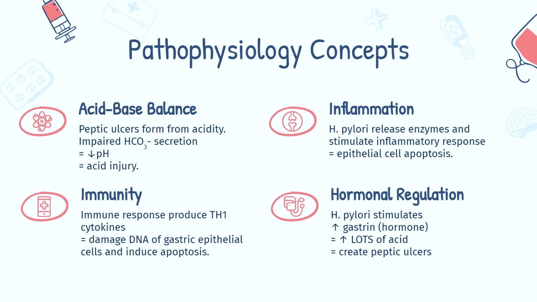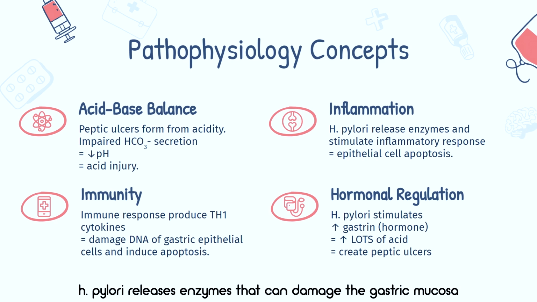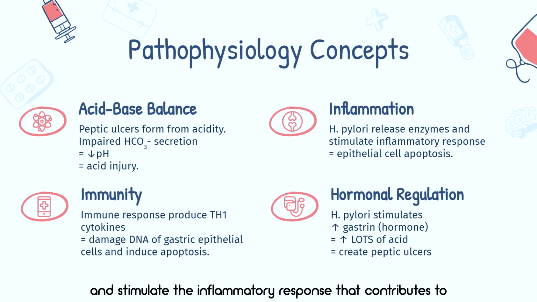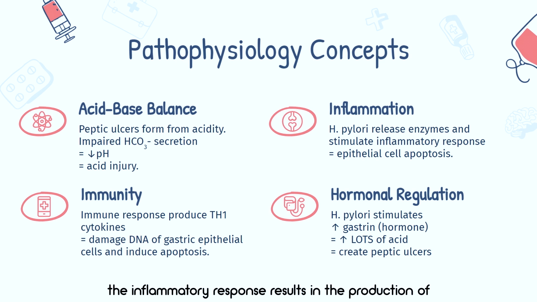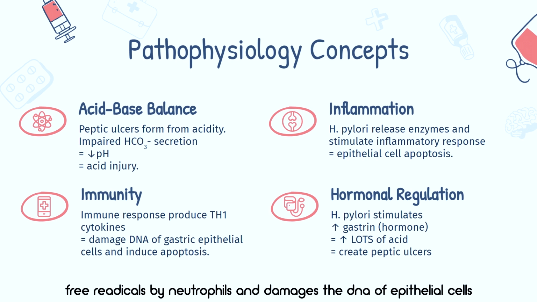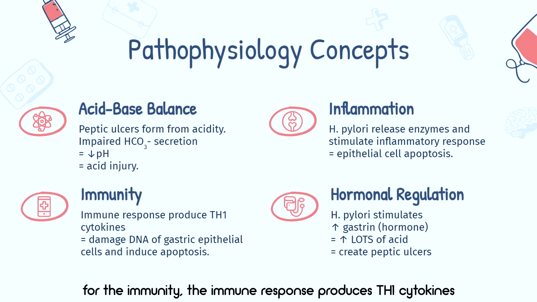For inflammation, H. pylori releases enzymes that can damage the gastric mucosa and stimulate an inflammatory response that contributes to epithelial cell apoptosis. The inflammatory response results in the production of free radicals by neutrophils and damages the DNA of epithelial cells.